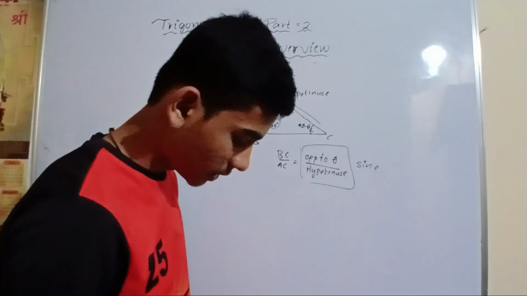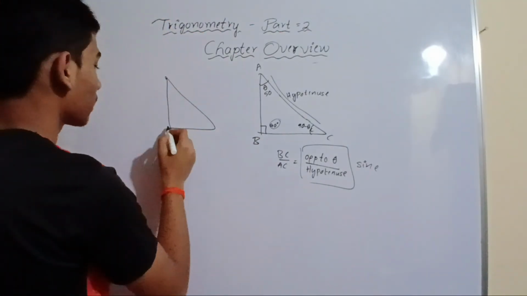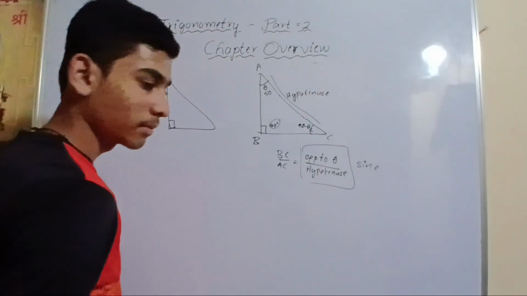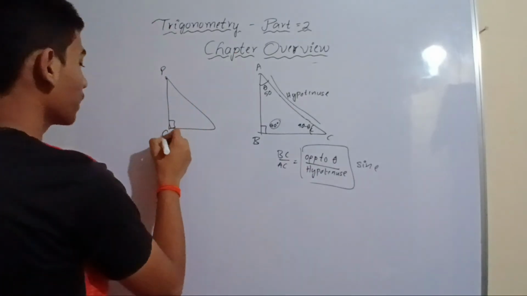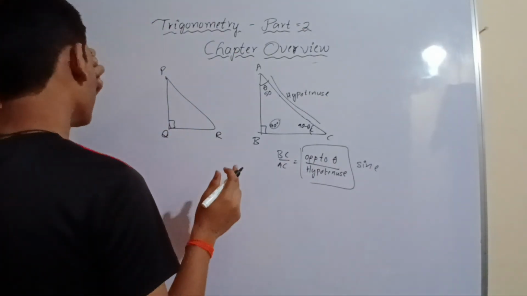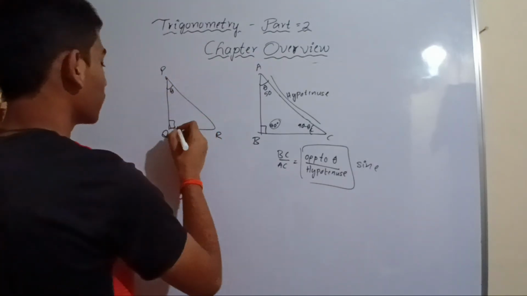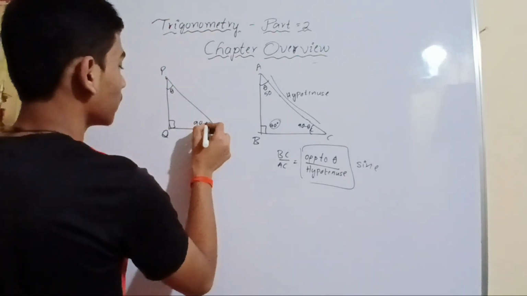Suppose anybody gave a triangle PQR, my drawing is not good, please adjust. PQR, a right angle is at Q, they had mentioned. So we take this as theta, this is 90 minus theta.